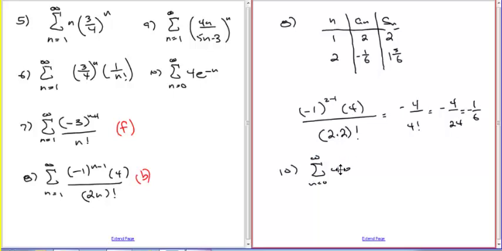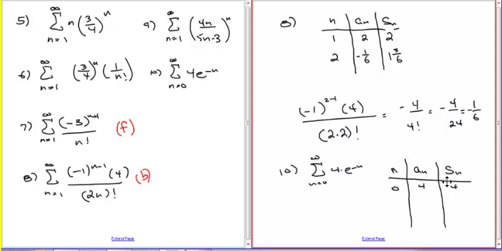So we'll make a little table up here again. So we have n, we have a sub n, we have the partial sum. So n equals 0, a sub n is 4 times e to the 0, which is 1, so you get 4. So the sum is 4.